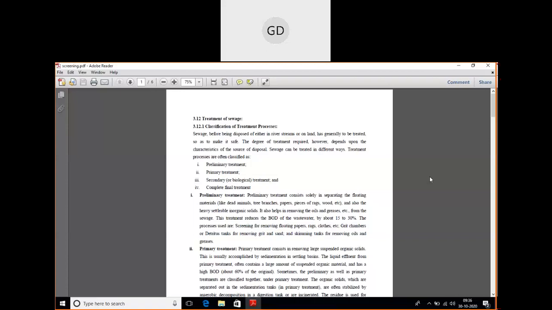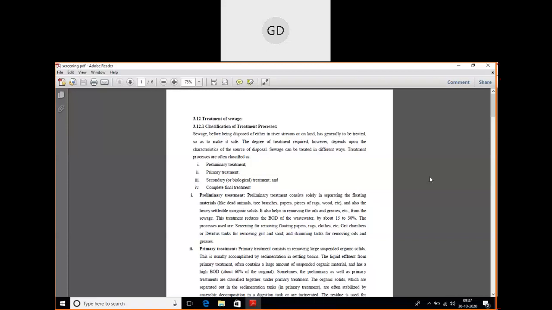Next is your secondary treatment. What is a secondary treatment? Secondary treatment involves the further treatment of the effluent that comes from the primary treatment, or the primary sedimentation tank.